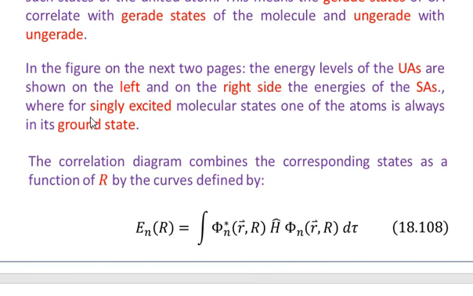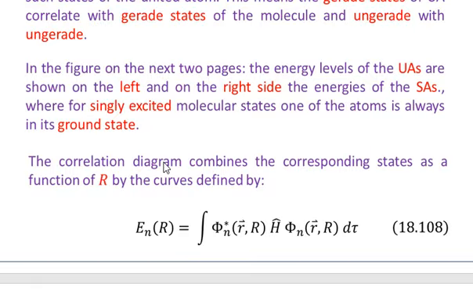So the orbitals in the separated atoms with the corresponding energy levels were shown, and on the left hand side the molecular orbitals were shown, and there were some singly excited molecular states in which one of the atoms is always in its ground state.